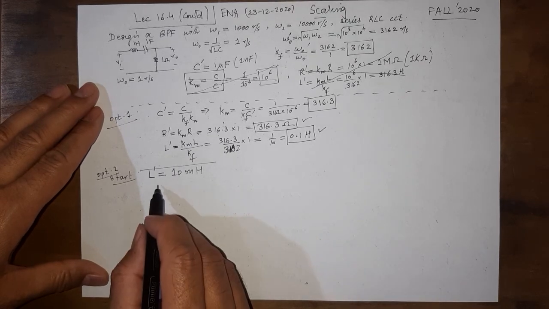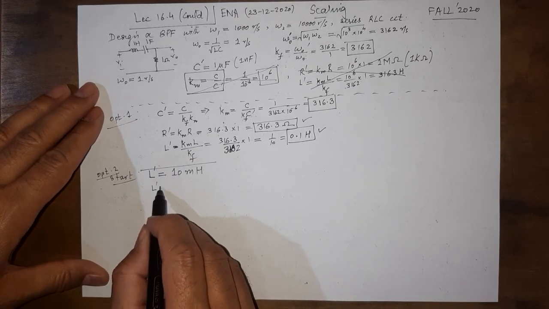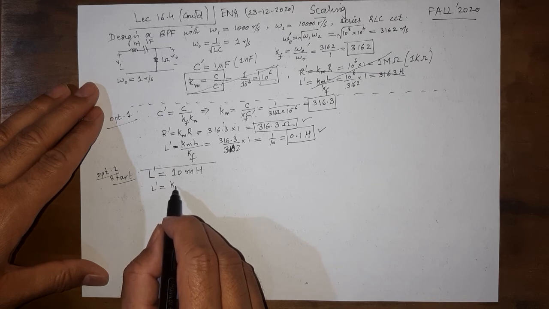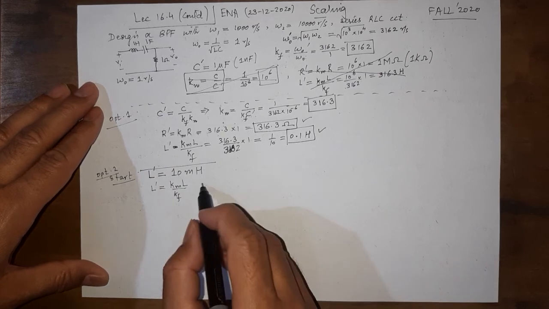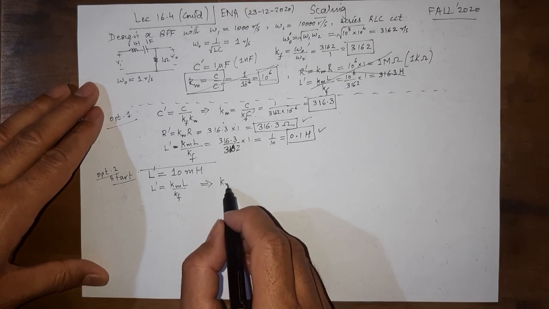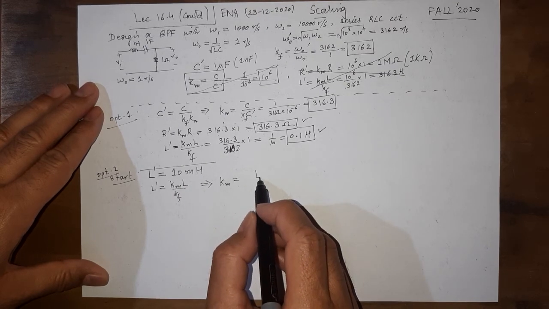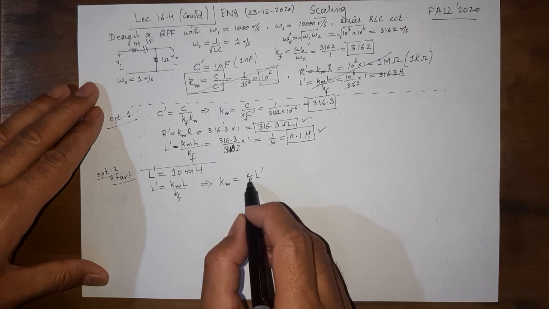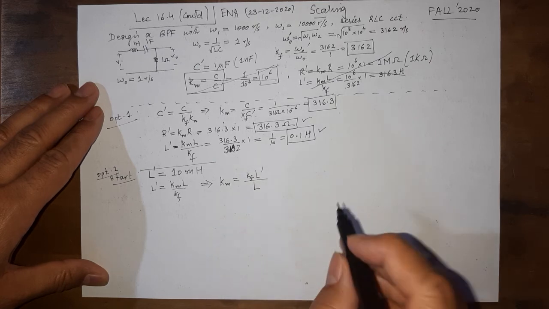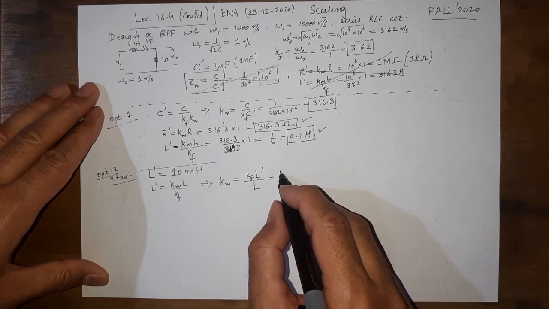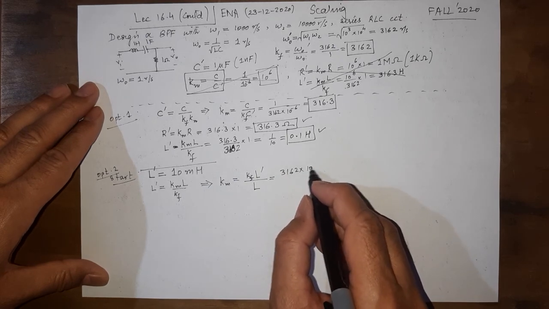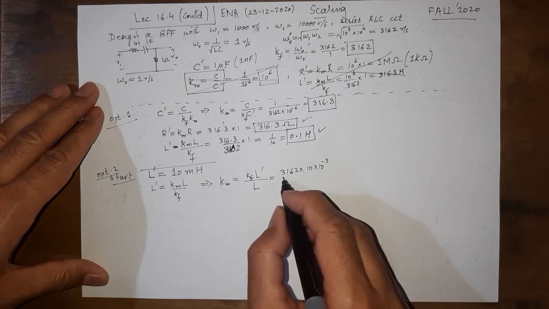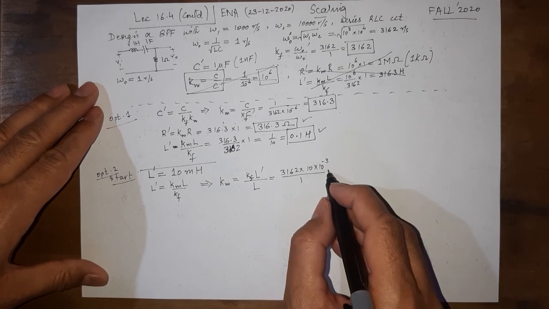So start with this and then say, because L dash is equal to Km over Kf into L, which implies that Km would be equal to L dash into Kf over L. So that is going to give us 3162 into L dash, new value 10 into 10 to the power minus 3, divided by L, current value, that is 1.